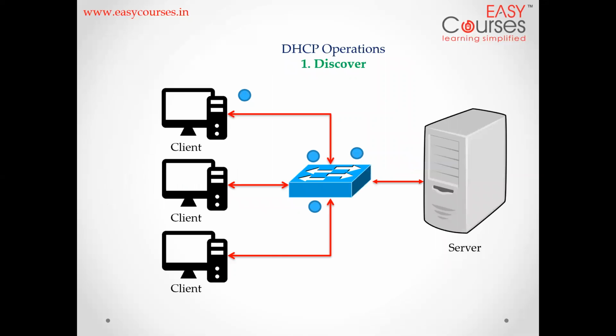Here you can see the client machine connected to the server machine. If the client machine doesn't have an IP address, it starts looking for the DHCP server. It broadcasts a discover message to all the devices connected in the network.